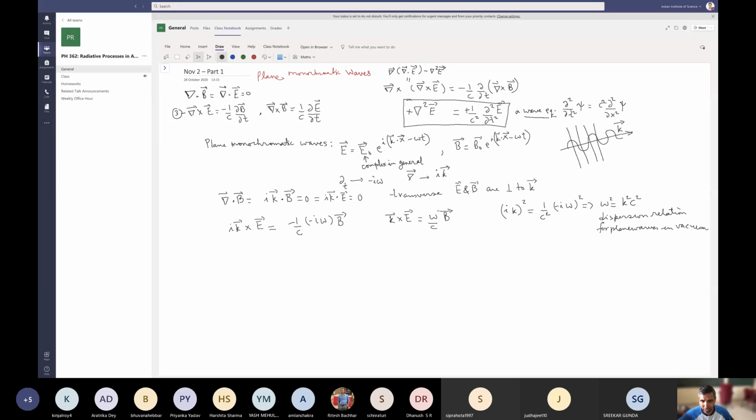So we divide by the magnitude of k, so we get omega by ck. In fact, what this means is that omega equals plus minus ck, right? If you take the square root on both sides, this is what we get. So what does it mean?